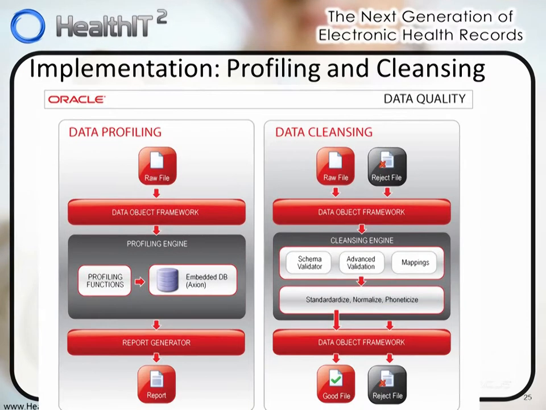A quick look at data profiling and cleansing, and these are processes typically done more up front during the implementation phases. So data profiling starts with taking our raw data sources and running them through the profiling engine that is embedded or comes with OHMPI, and it generates reports.